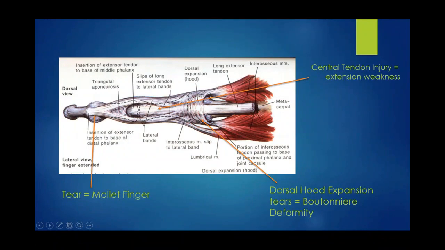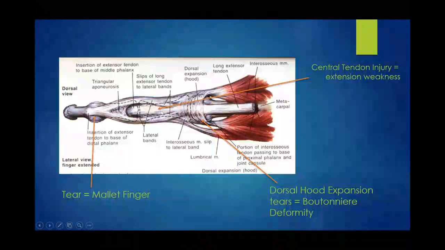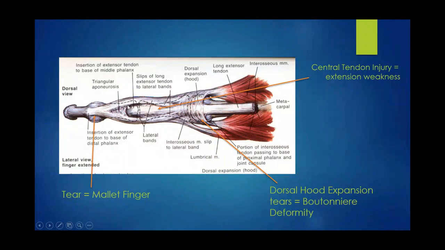If the extensor tendon itself is injured along its central tendon portion here, then they may have the inability to fully extend at the PIP joint.